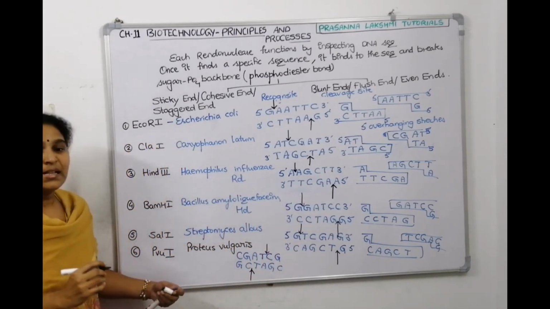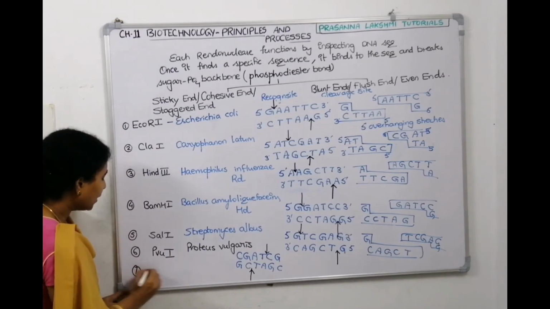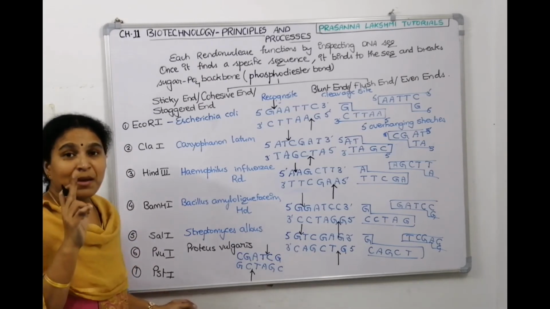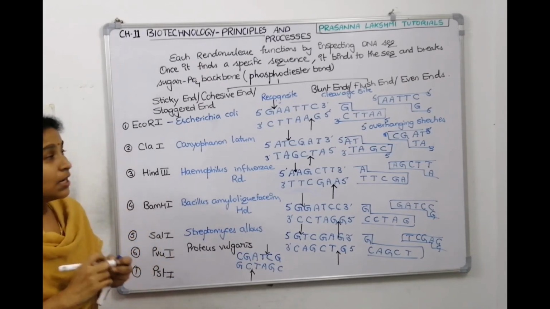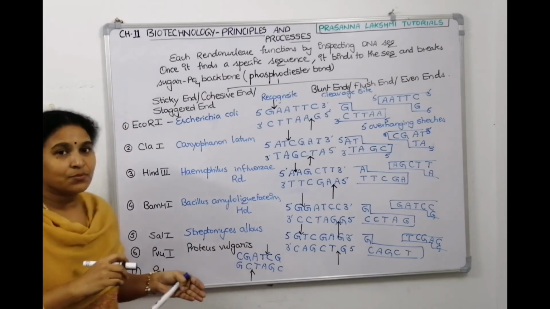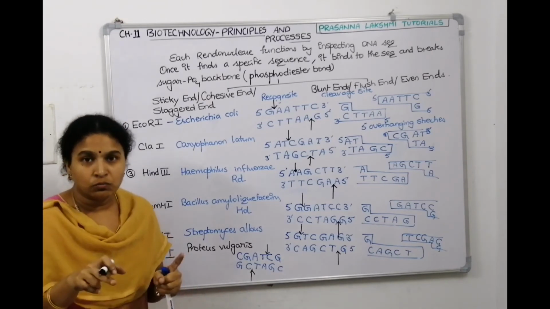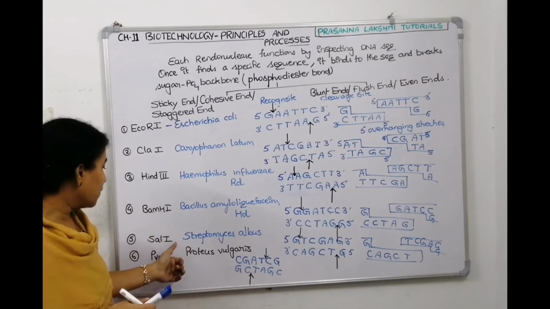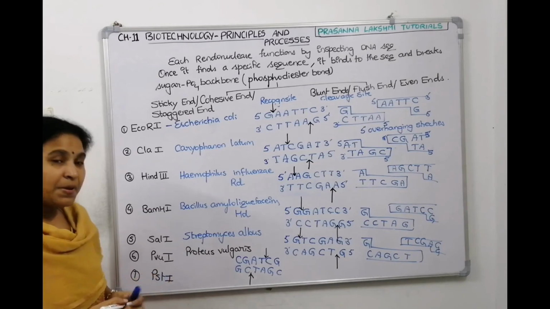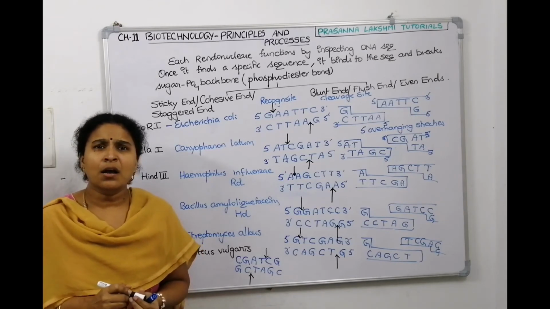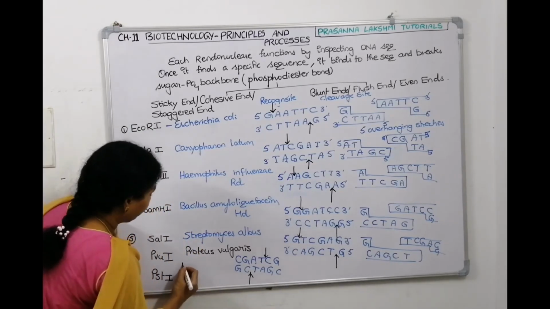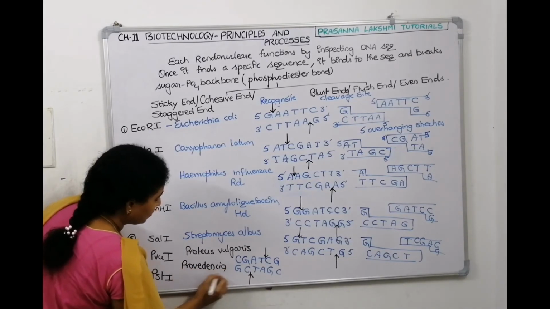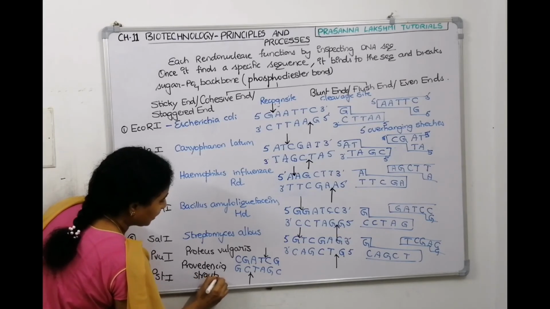Then the last enzyme is PstI. All these enzymes will repeat for us when we see the pBR322 vector. In the pBR322 vector, all the restriction enzymes which are there except PvuII are sticky ends only: HindIII, BamHI, SalI, PvuI, PstI. PstI is isolated from the bacteria called Providencia stuartii.